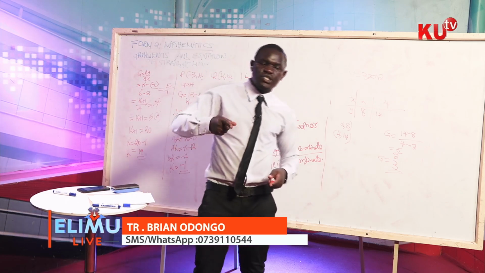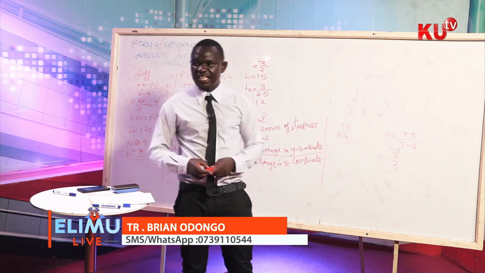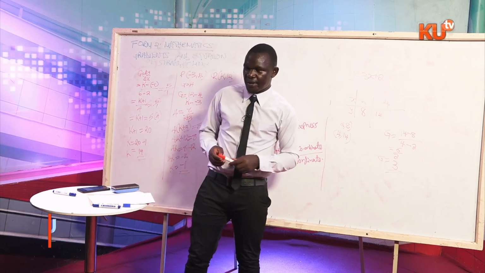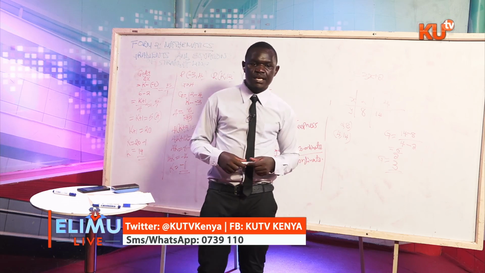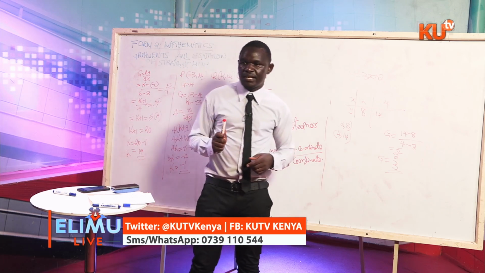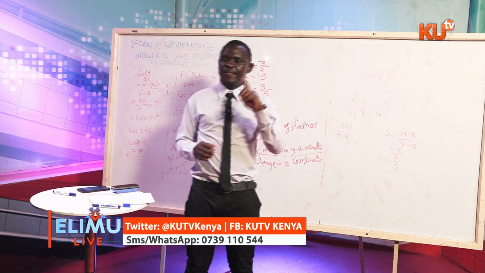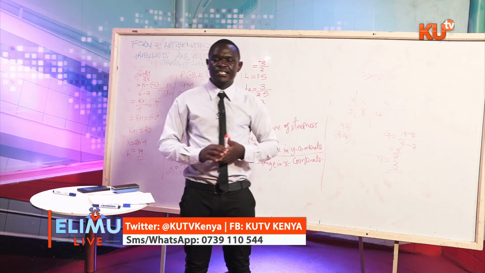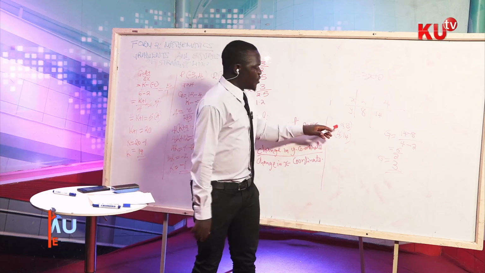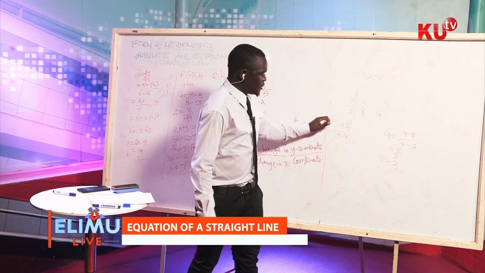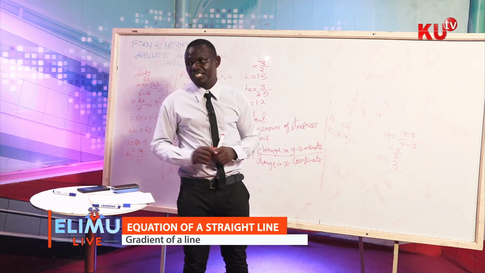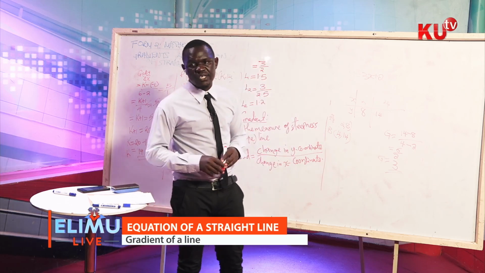Now, what is the most common challenge that a student is likely to face in this question, mostly in this subtopic of finding the gradient? Whenever we are marking the students' papers, I've noted that most students have a challenge of interchanging the x and the y values. Please, dear students, allow me to call this coordinate point A and this point B. There is something I want to emphasize, and I need you to take key note.